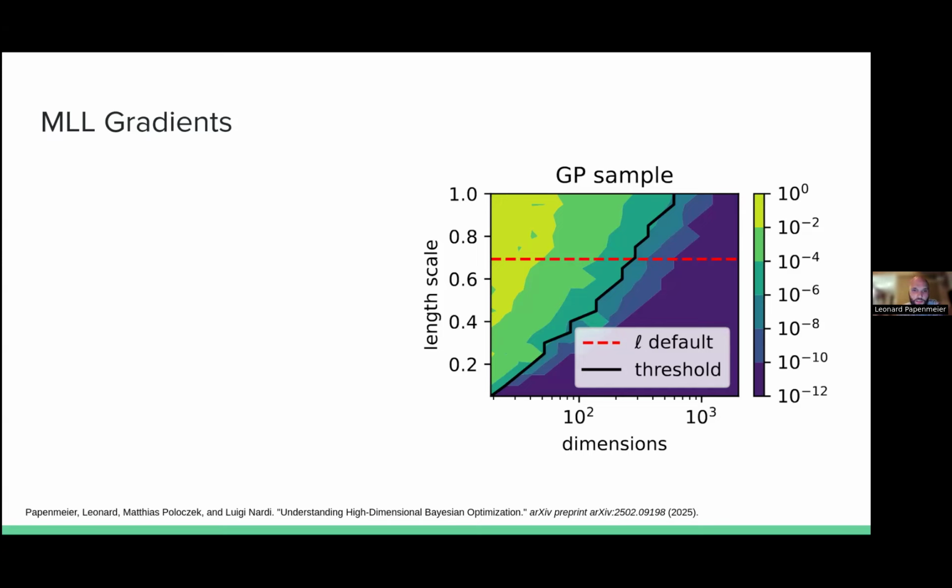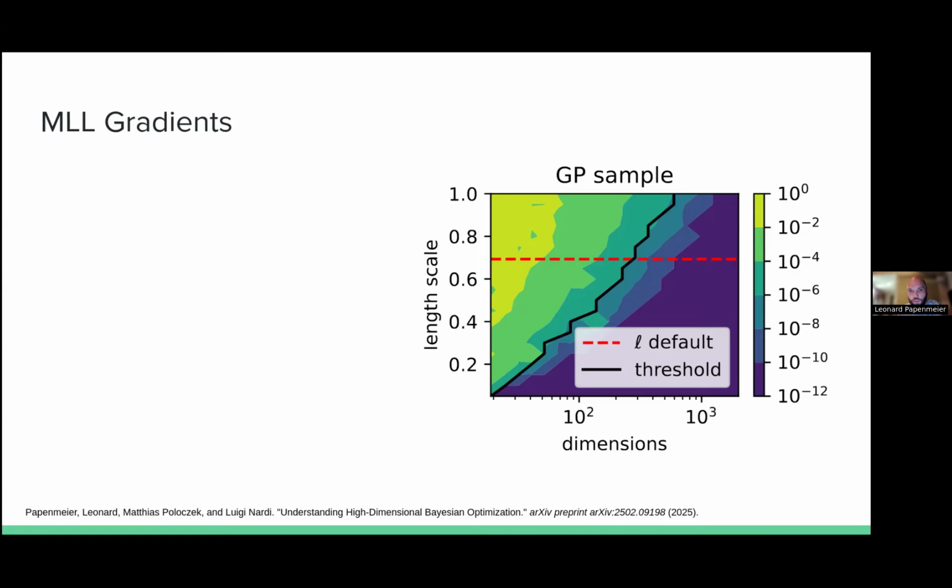What you see is that this default initialization strategy led to vanishing gradients for problems with roughly more than 300 dimensions. We have seen problems with more than 300 dimensions in the high-dimensional BO literature in the past. For instance, the SVM benchmark that was used in the SAASBO paper by David Eriksson et al., or the Lasso-Hard benchmark that I used in the past, have more than 300 dimensions.